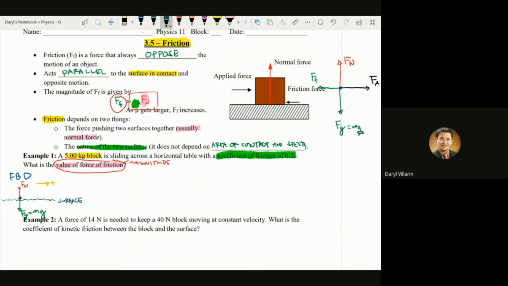Well, the movement is to the right, and we know that friction force is parallel to the surface, but opposite in direction of motion. So I will draw my friction force to the left. So friction force must be to the left.